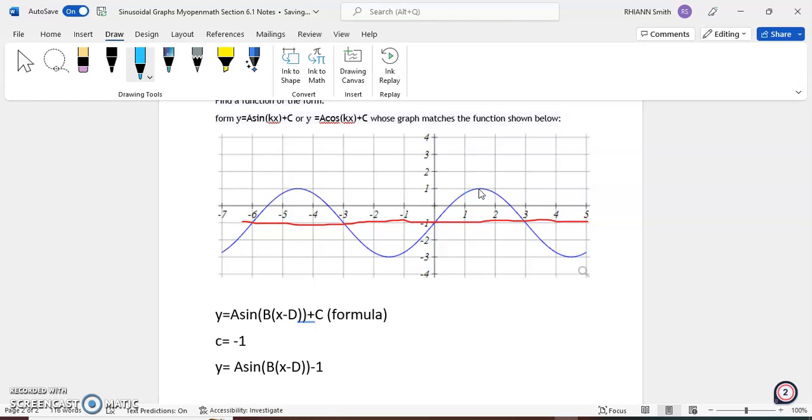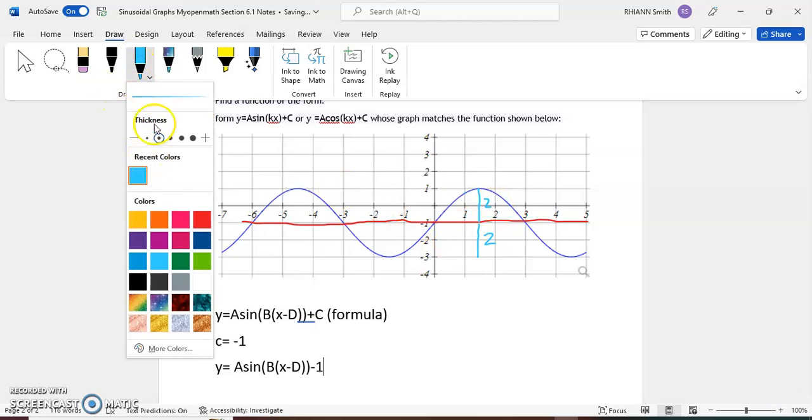We go from the max or the min, either one works, to the midline: 1, 2. Then we do the min just to check: 1, 2. This is 2 spaces, and up here is also 2 spaces.